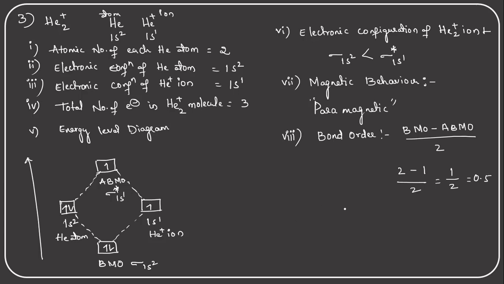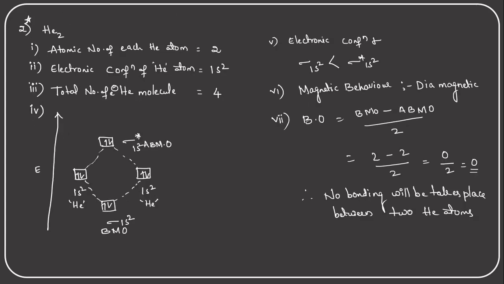That means there will be a partial, weak bond between a helium atom and helium plus ion. But when we saw the helium 2 molecule, there is no bonding taking place between the helium 2 molecule, meaning 2 helium atoms.